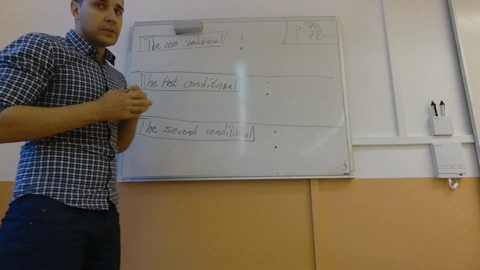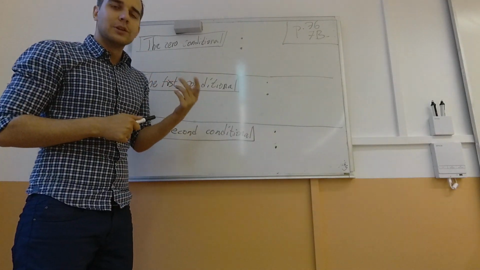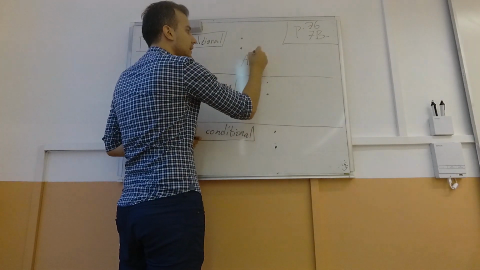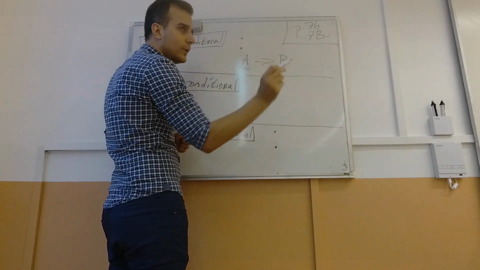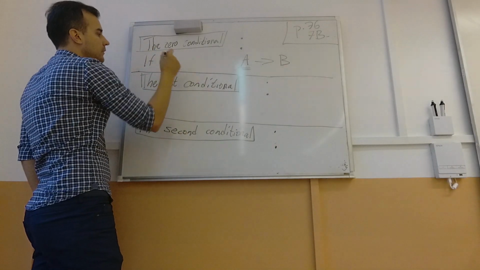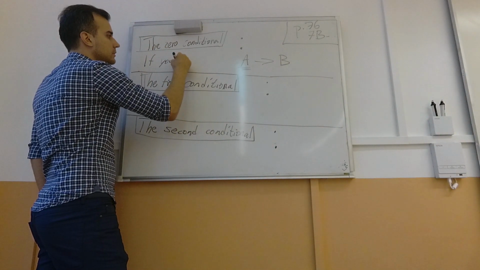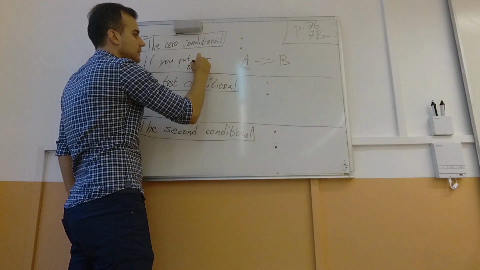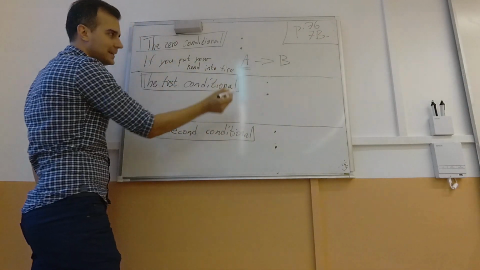The zero conditional is used when I'm talking about a law or a fact. So something that if A happens, B always happens too. Alright? So if, let's say, if you put your hand into fire, this is A, right?